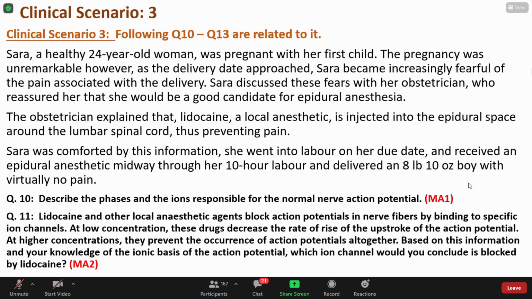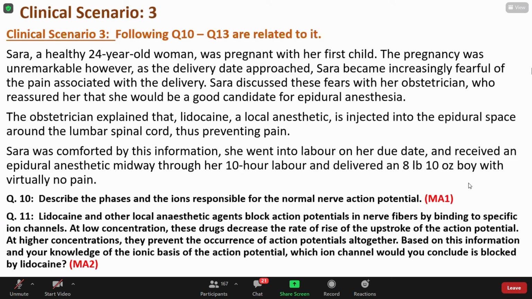So if this has reached the threshold, even if the stimulus is threshold, if it is able to open an adequate number of voltage gated sodium channels, then there will be an action potential. Yes. So even threshold or supra threshold, but if it is sub threshold, it will result in a local potential or graded potential.